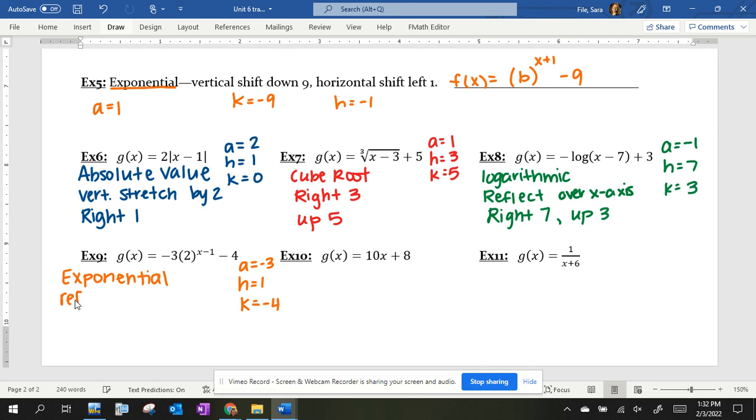So reflect over x-axis, vertical stretch by 3, and then that is right 1, down 4. So that one had 4 transformations in it.